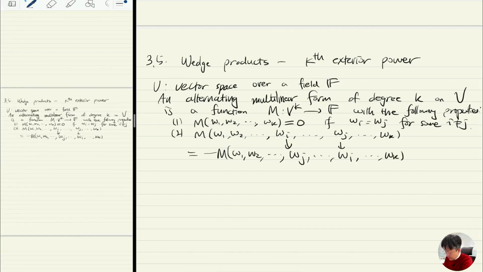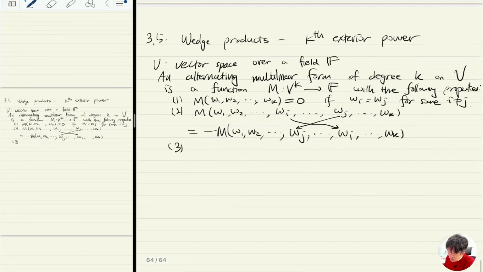This moves over here, this moves over here. So if you exchange two of the arguments, then you get the negative. And the last condition is just the linearity condition.